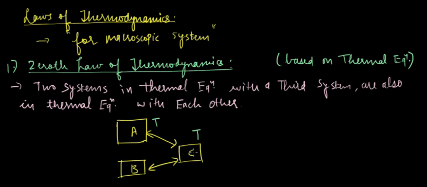So if C's temperature is T, then B's temperature would also be T. Then according to the zeroth law, if these two systems are in thermal equilibrium with a third system C, then these two would also be in thermal equilibrium with each other.